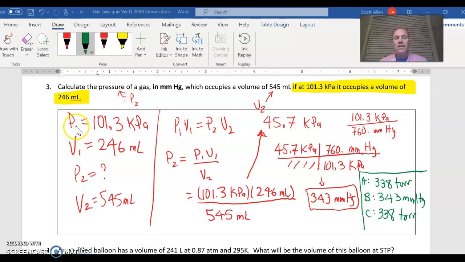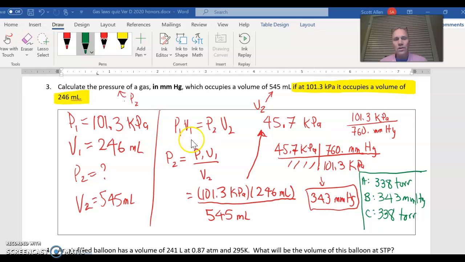It's not necessarily important whether you call it P1 and V1 or P2 and V2, as long as you're saying that at the point in time where it has this pressure, at that exact same point in time, this would be its volume. It's asking us to calculate a different pressure, we'll call that P2, when the volume is this right here. So that's going to be my V2.